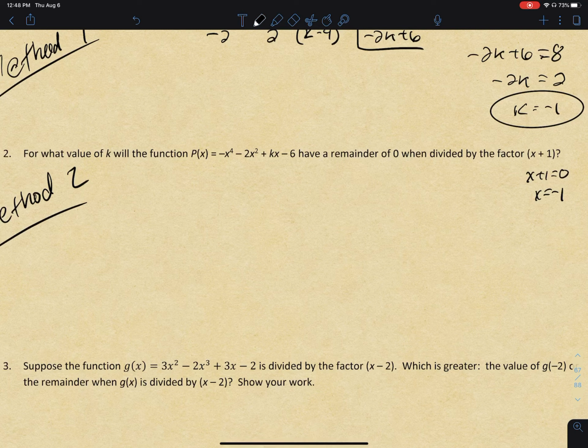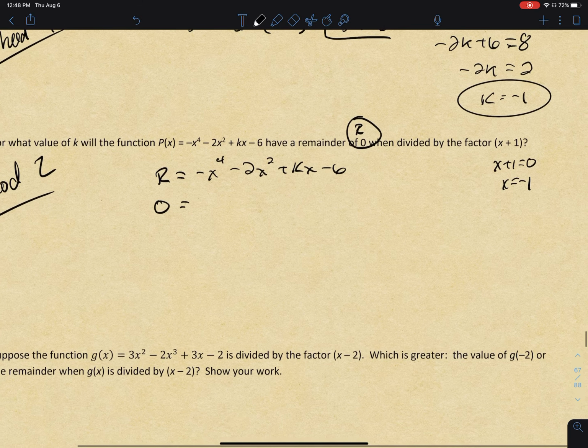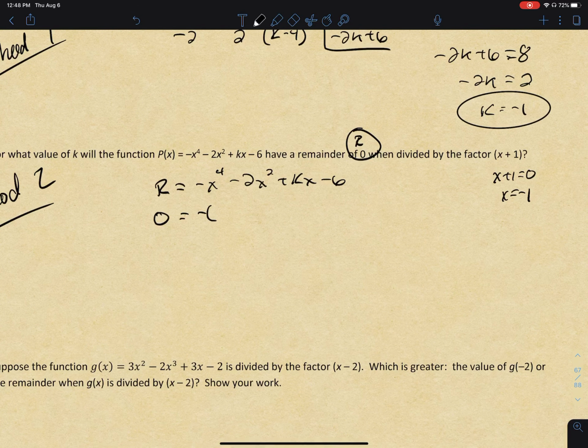So in other words, I'm going to take the remainder and set it equal to negative x squared, x to the 4th, minus 2x squared plus kx minus 6. We're saying that remainder is 0, and the a value that I'm using for this is supposed to be negative 1.